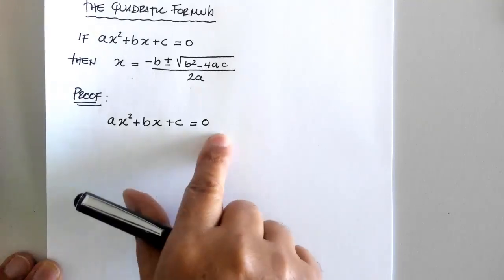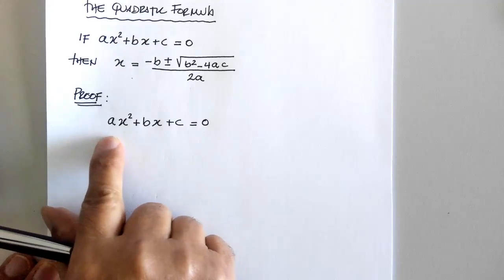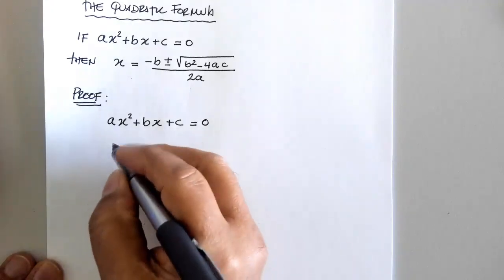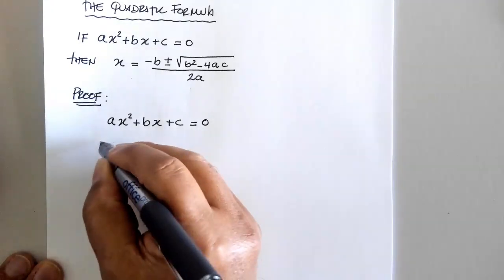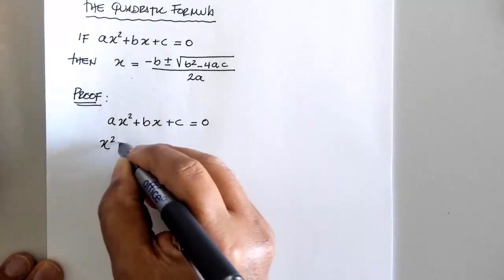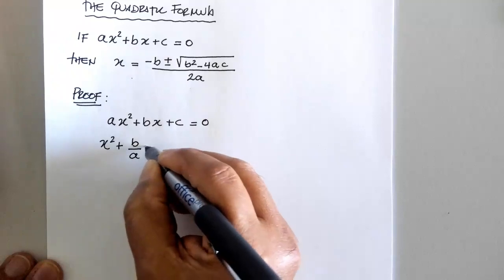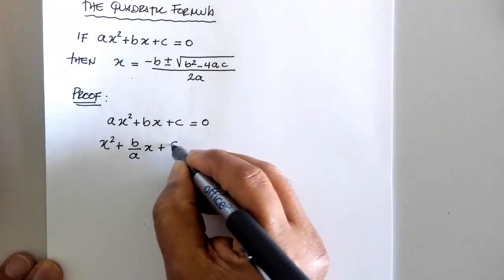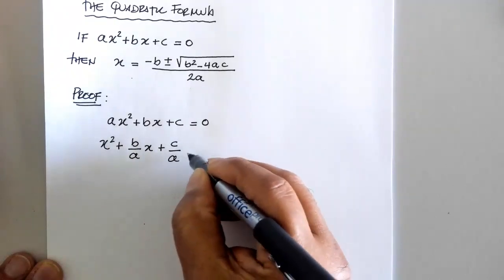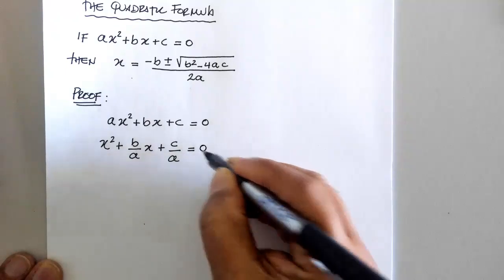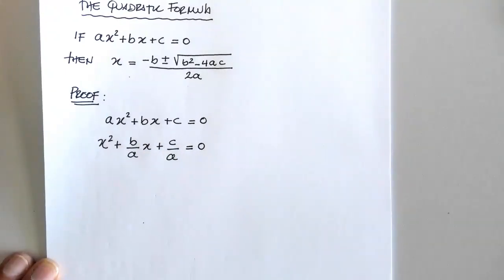So we divide everything by a, and then we have x squared plus b over a x, plus c over a equals 0. That is the first thing that you have to do.